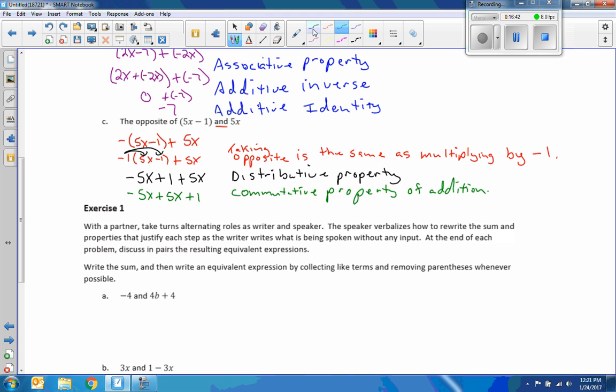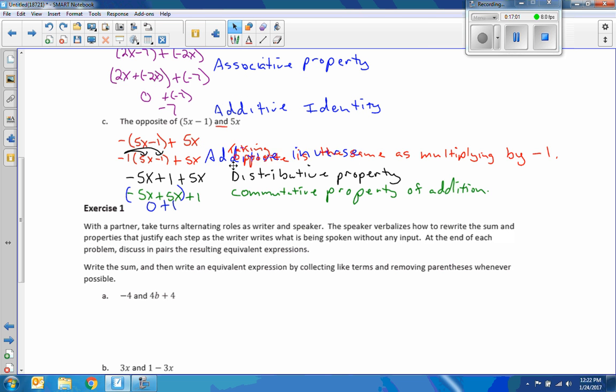Okay, and moving right along, if I add these, negative 5x plus 5x is 0 plus 1. Let me just move that up a little, we're running out of room. That's the additive inverse.